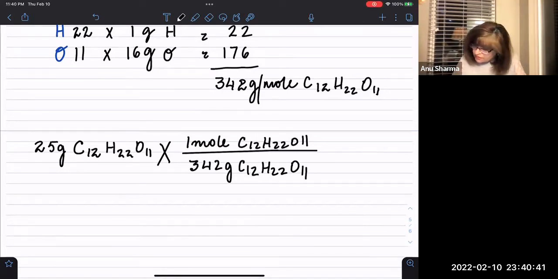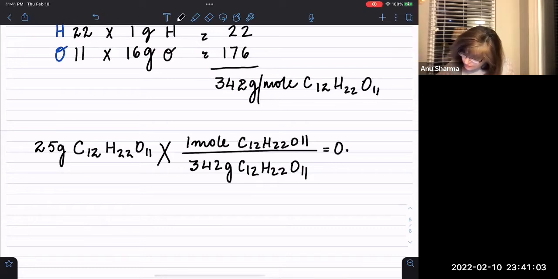We have 25 times 1 divided by 342, and you get 0.0730.